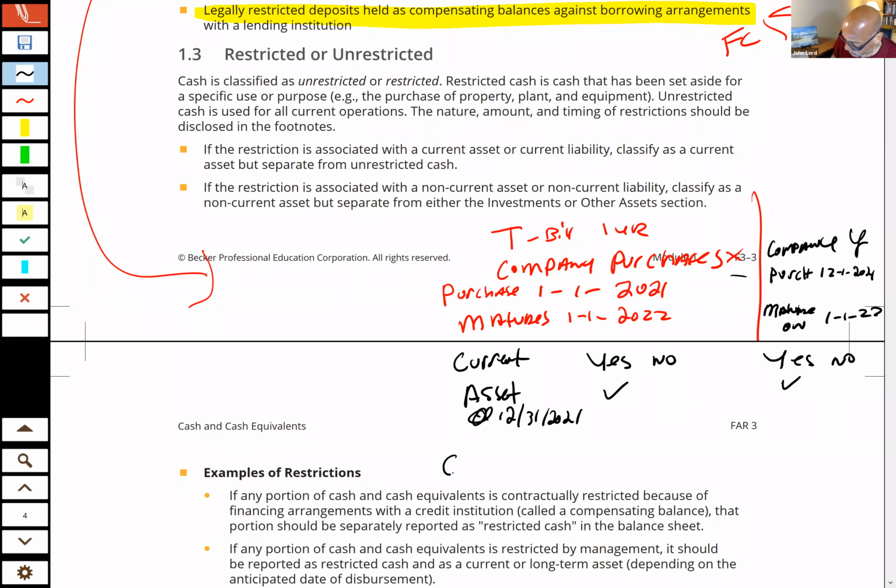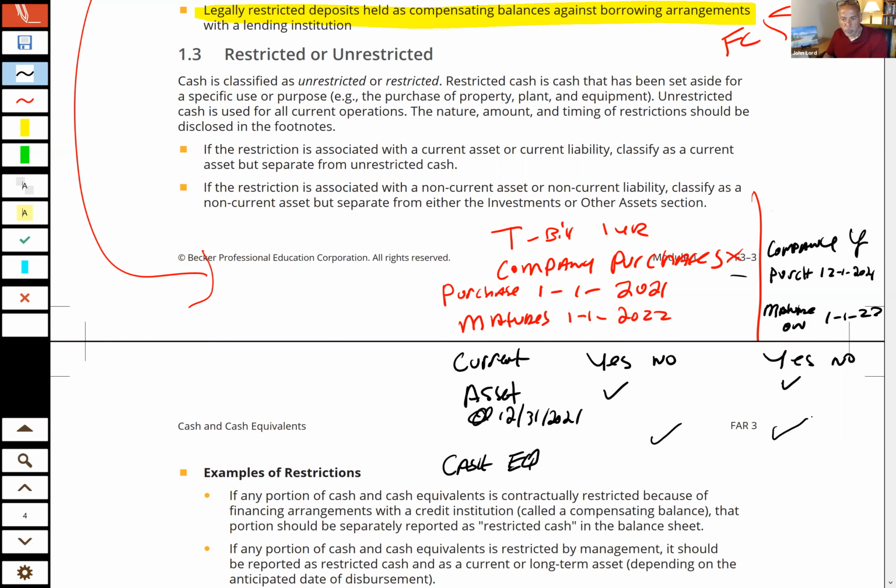How about cash equivalent? Is it a cash equivalent to company X? No, because it didn't have an original maturity to them, the purchaser, of 90 days or less, right? How about company Y? Yes. Good. The book should have been more careful to call that out.